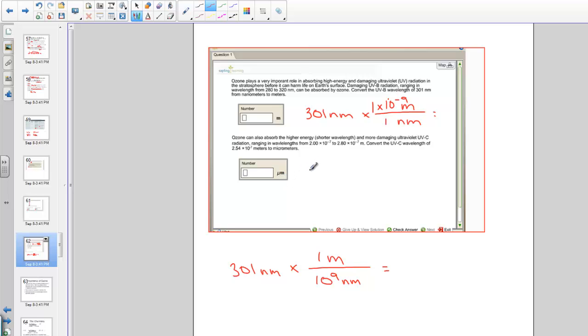Ozone can absorb the higher energy, damaging UVC radiation. Convert the UVC wavelength of 2.54 times 10 to the -7 meters to a micrometer. And the symbol for micro is that squiggly U. And again, depending on how well we remember our metric system, micro is 10 to the -6th on our metric scale.